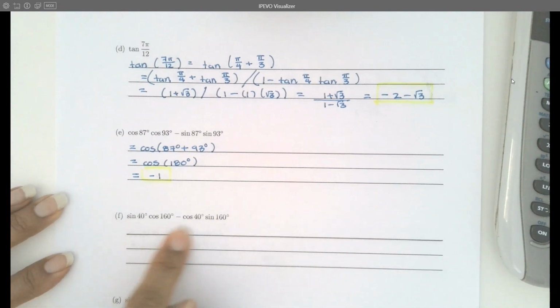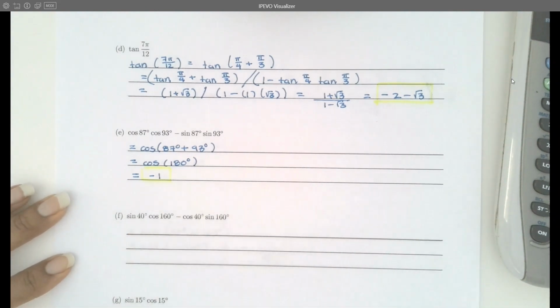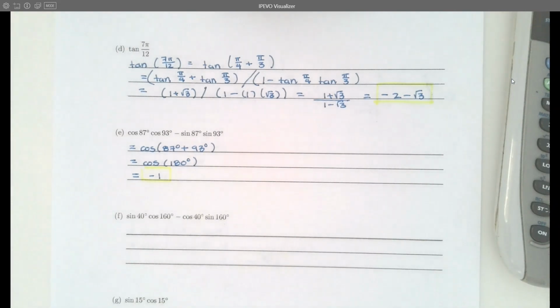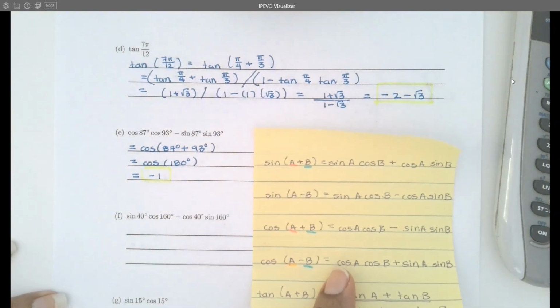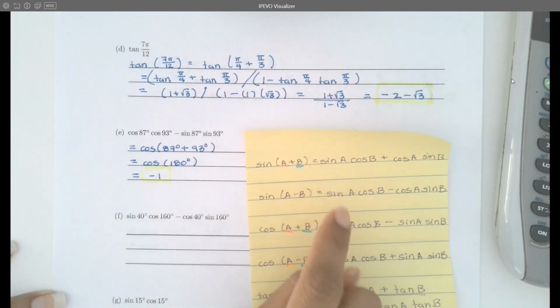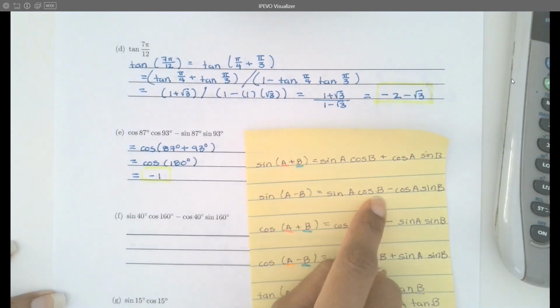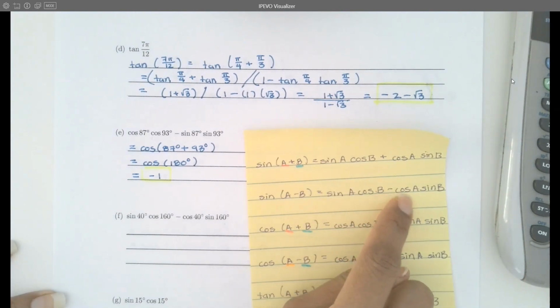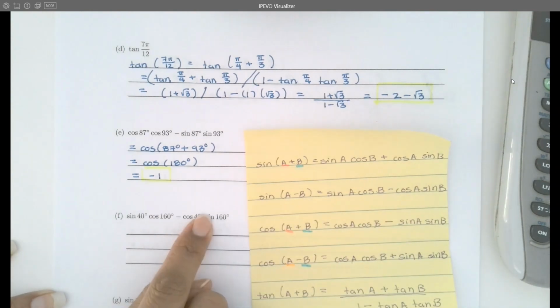Okay, similarly for part F, we have sine times cosine of two different angles minus cosine times sine of the same two angles. So if we consider which one best matches that form, we have sine of A times cosine B minus cosine A sine B, which fits perfectly with this.